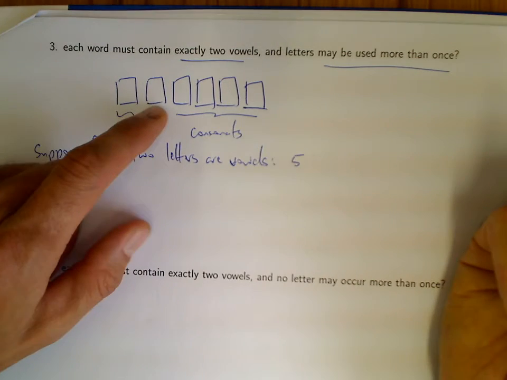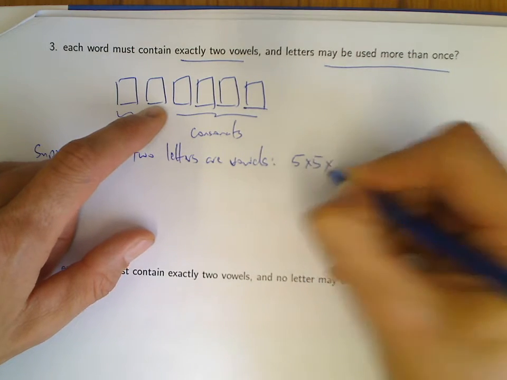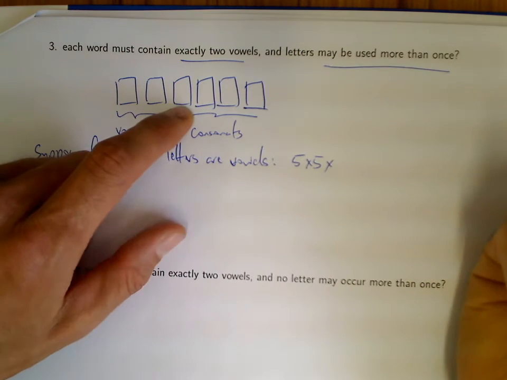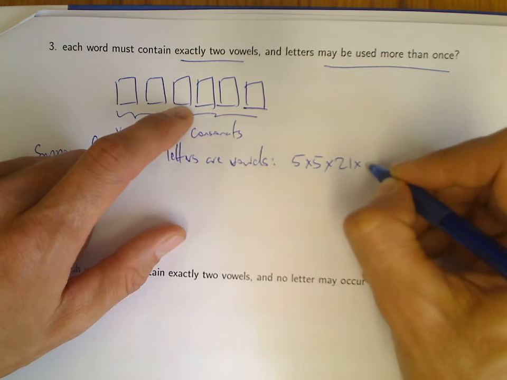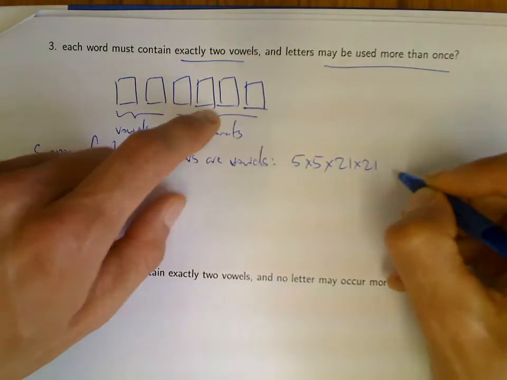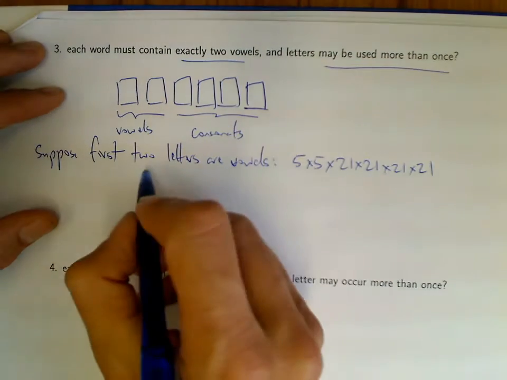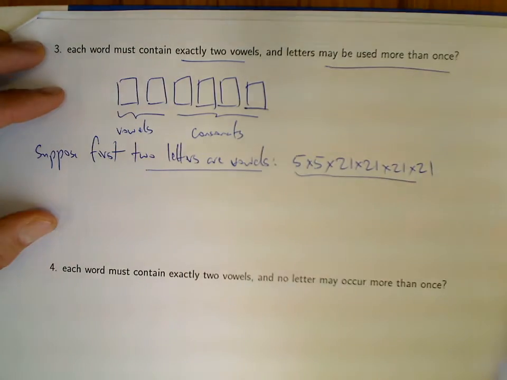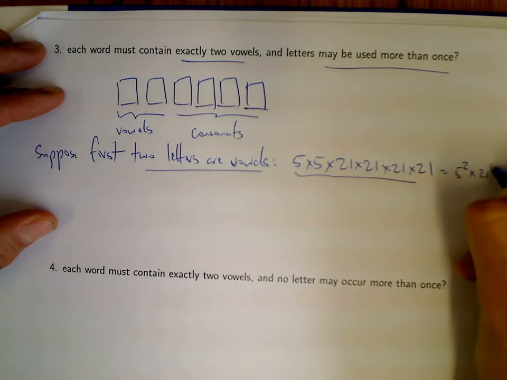And then I've got 5 choices for what I put in here, because that has to be a vowel as well. And then these ones are all consonants, so I've got 21 choices for what goes here, 21 choices for here, and this one, and this one. So if the first 2 letters are vowels, then I'm going to have 5 squared times 21 to the 4.